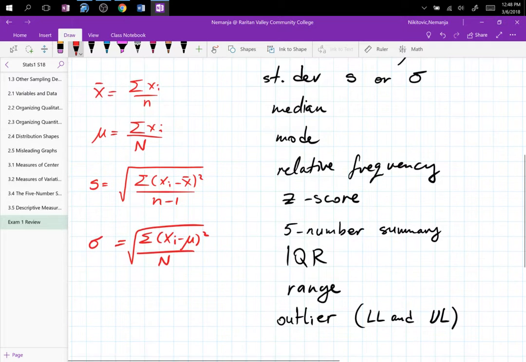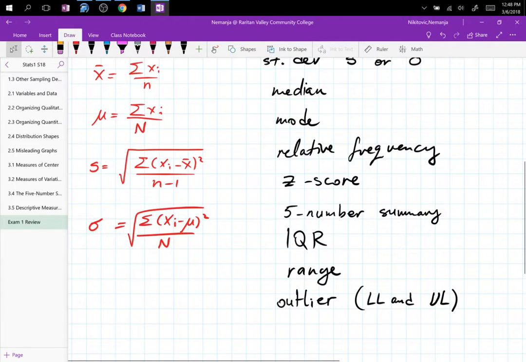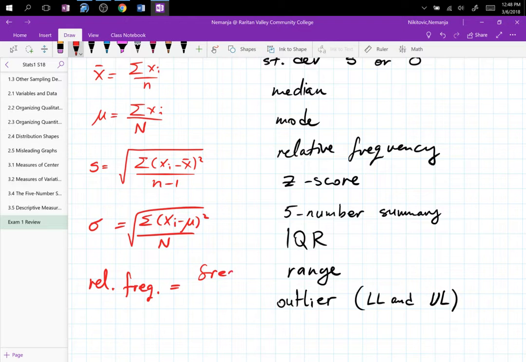Procedure for median, mode, relative frequency. Relative frequency is, what was it? Anyone? Frequency divided by n, or capital N, the number of observations. Good.